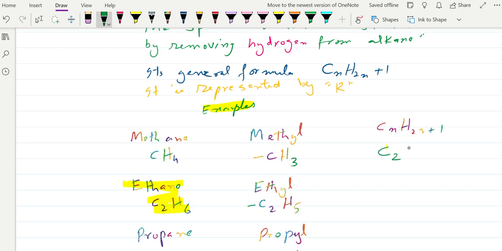If you have a two carbon compound, how many hydrogens will there be? 2 multiplied by carbon number 2, and plus 1. So it will become C2H5, which is ethyl.